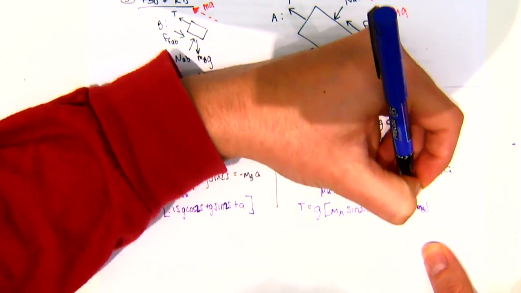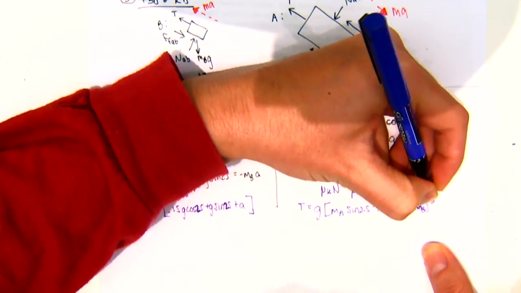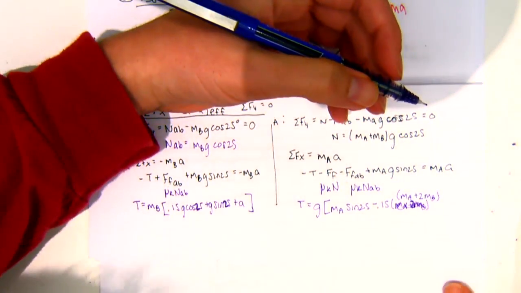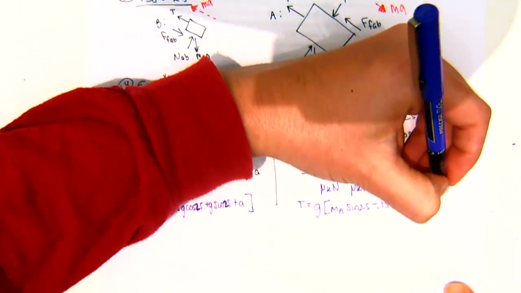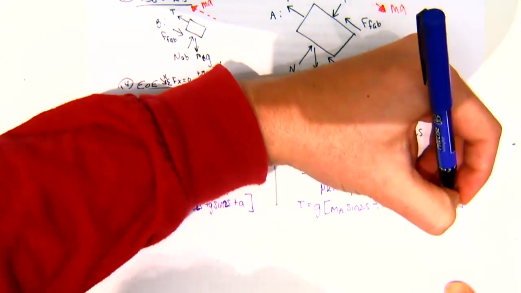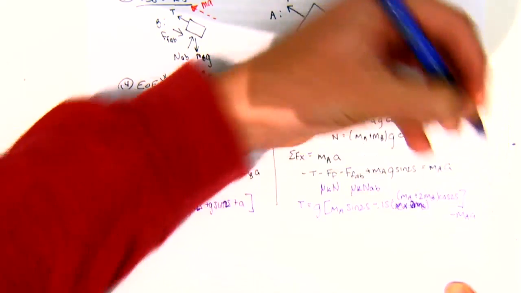So we have MA plus 2 MB. If you have questions on how we simplified it, I can go over that, but I figure you guys just kind of want to get to the harder stuff. Then we have cosine 25, and then minus MAA.